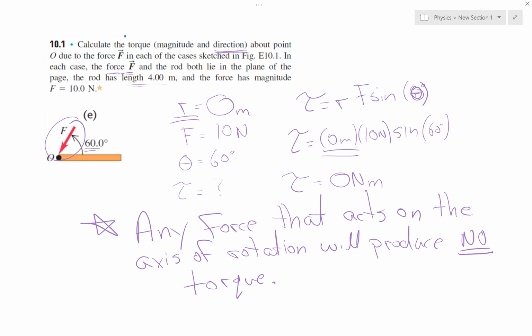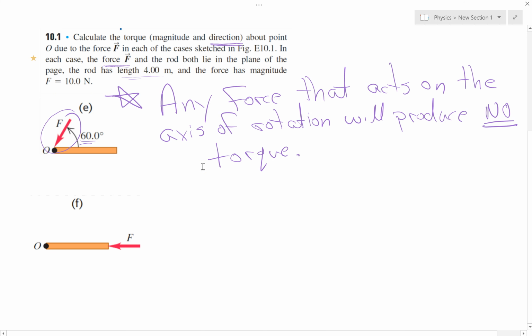And this is really nice because sometimes we can get some very complicated looking problems, and being clever with our choices of axis of rotation could eliminate a lot of the torques that we've got. Our next example is going to look very, very similar to this one. I'm going to put it up right now. All right, this is our last example of these types of problems.